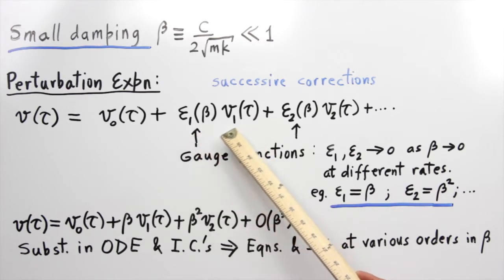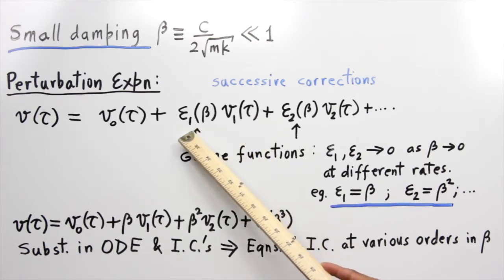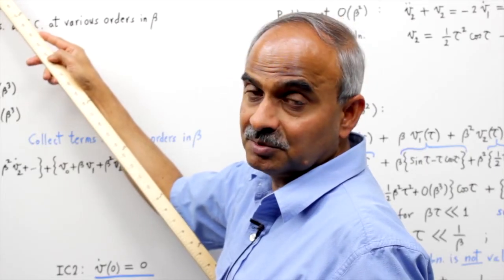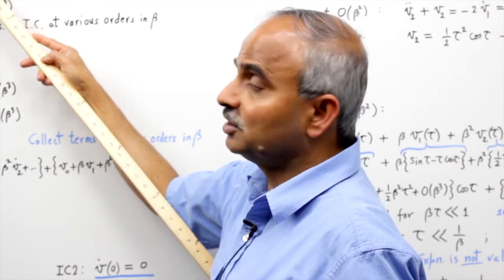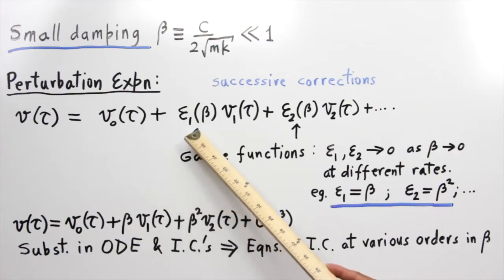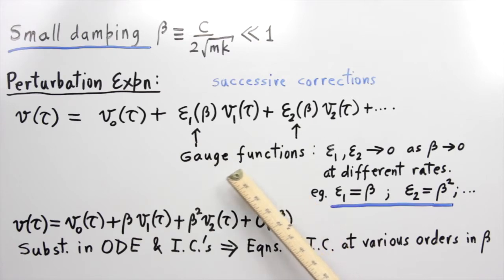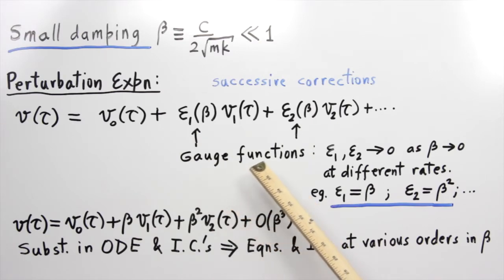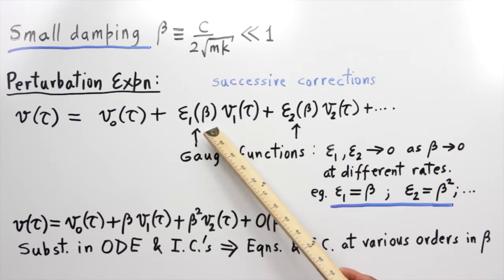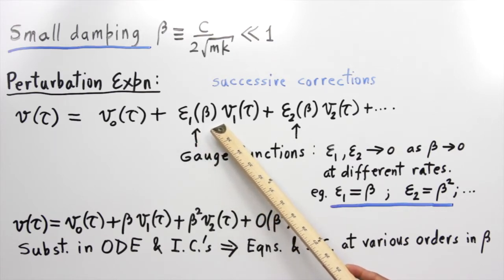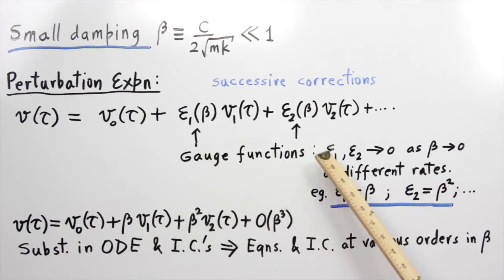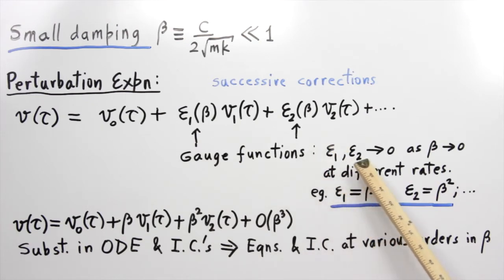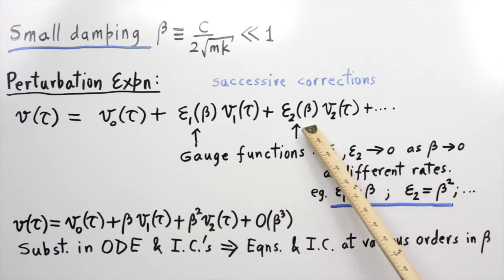And so they are multiplied by these functions of beta, which, remember, is a small non-dimensional damping parameter. And so in general, we introduced the idea of what is called the gauge function. And so this gauge function essentially determines the magnitude of damping, or how important damping is. And so we have various functions, epsilon 1, epsilon 2, and so on, which are functions of beta.